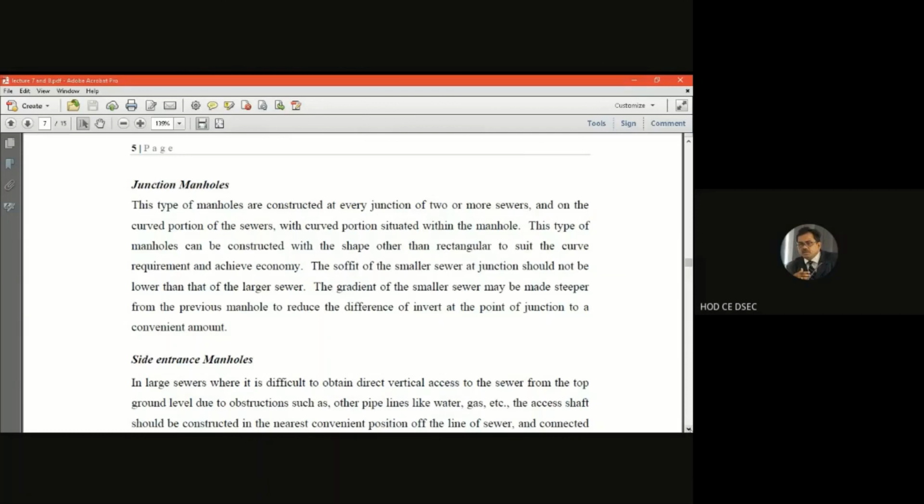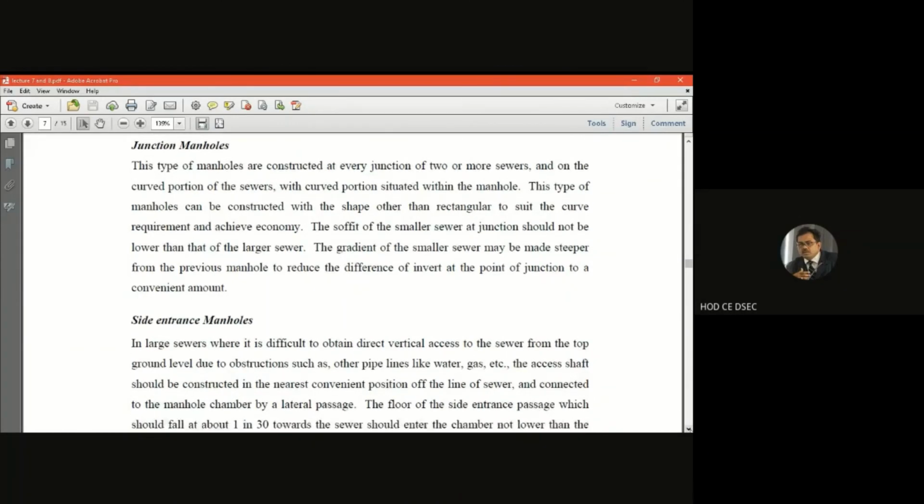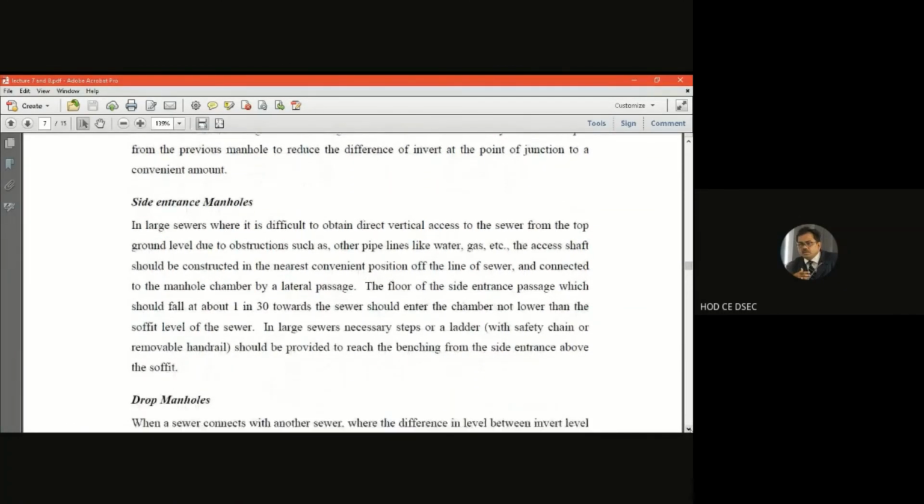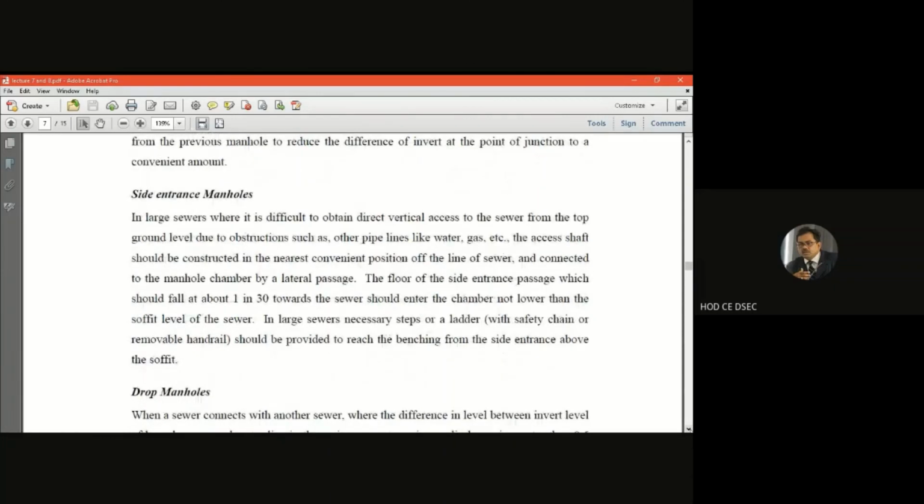Fine. Next, the side entrance manholes. Very important and interesting, this manhole, because sometimes, as per practical experience, for operational maintenance of the sewer it is found difficult to obtain direct vertical access. Why?